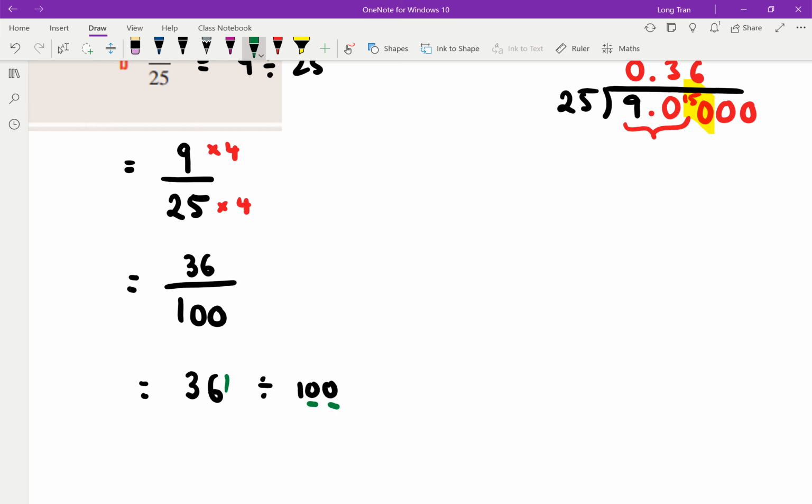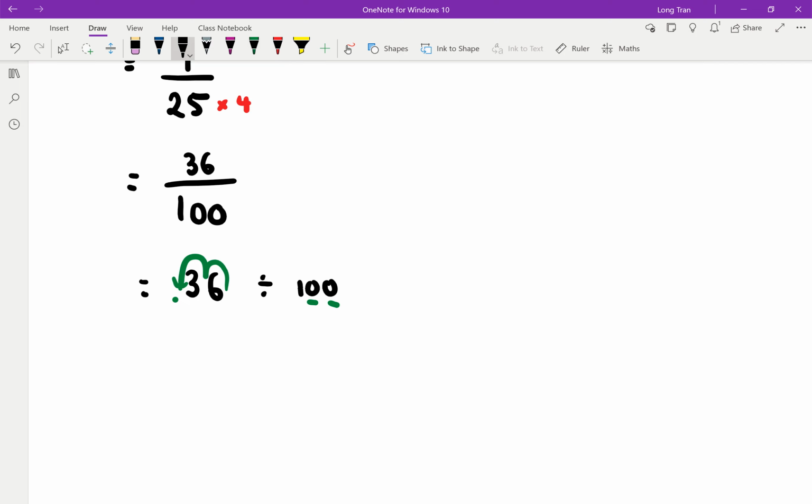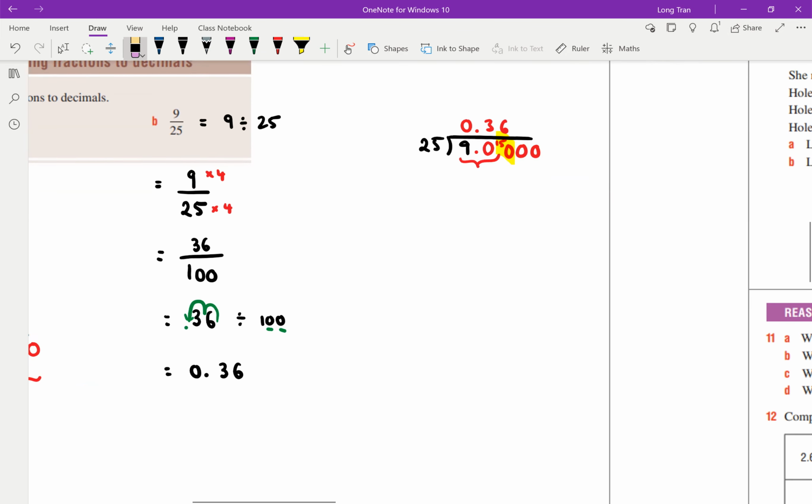So that's why you can think of it as moving back twice, and the decimal point now is over here. So the answer is 0. And the 6 is in the hundredths position, and the 3 is now, instead of in the tens position, in the tenths position. Okay, so that's the other method that you can go through.